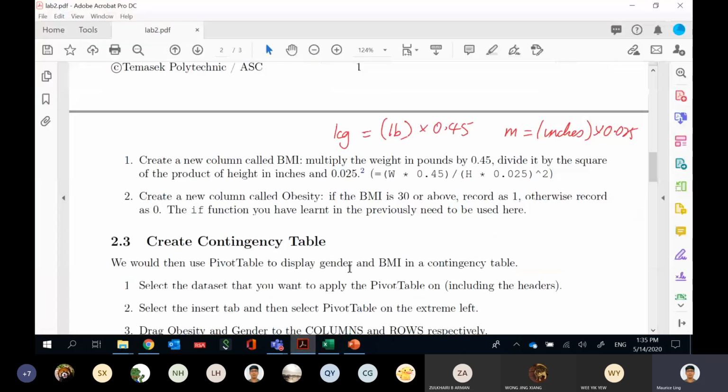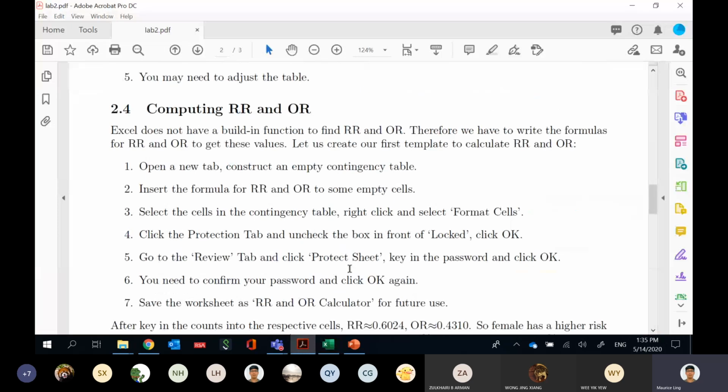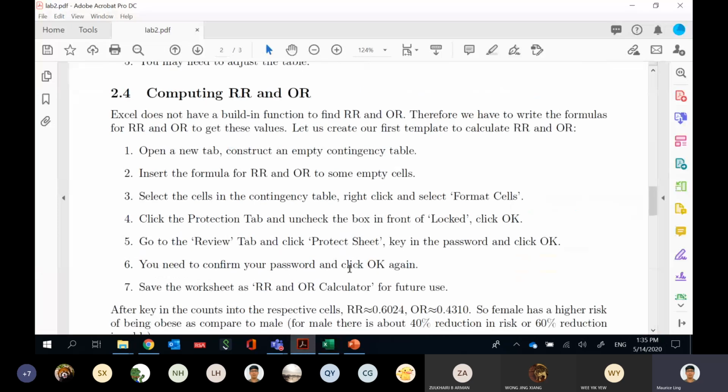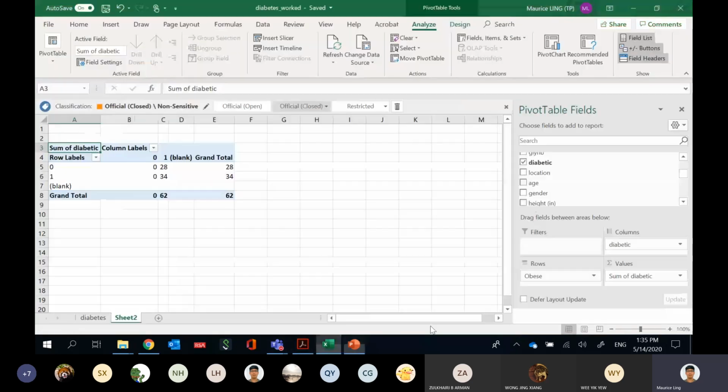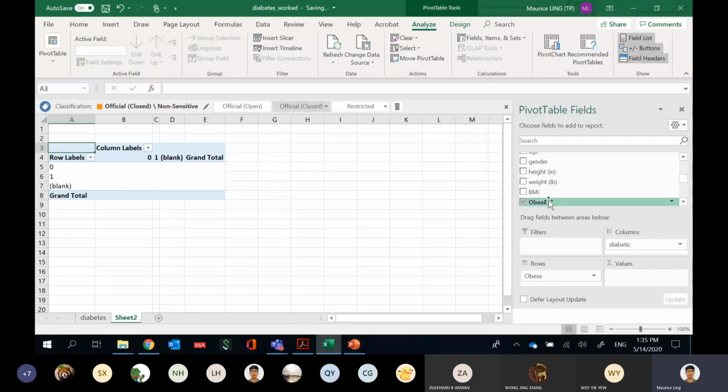See what it does here. Values, rows, columns, count of obesity. Okay, obesity, where's my obesity?